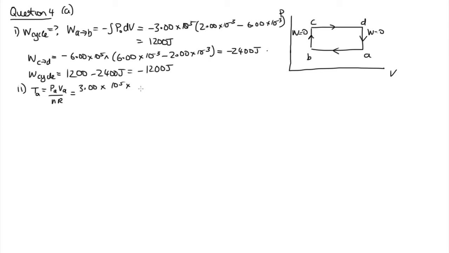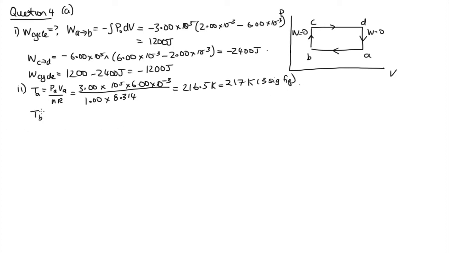The volume at A is 6.00 times 10 to the minus 3 meters cubed. N is 1 mole and R is 8.314. Solving this, we have 216.5 kelvins, so this is equal to 217 kelvins to 3 significant figures.